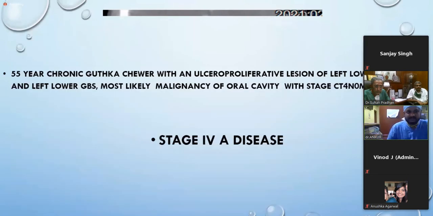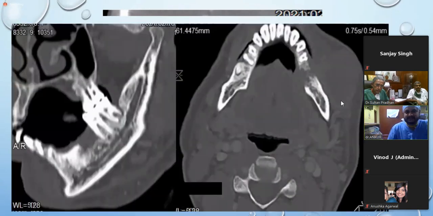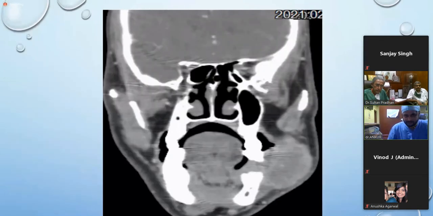So the diagnosis, sir, is a 55-year-old chronic gutka chewer with an ulceroproliferative lesion of the left lower alveolus and left lower GBS, most likely malignancy of the oral cavity, clinically stage T4N0MX, stage 4A disease, sir. What is the biopsy?